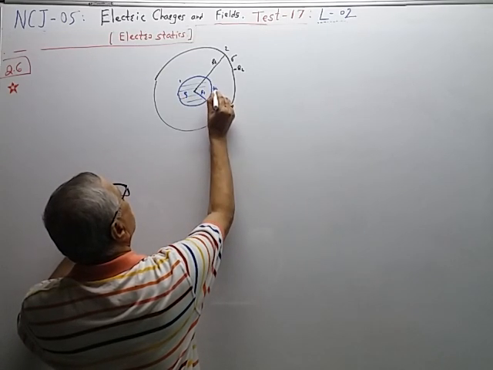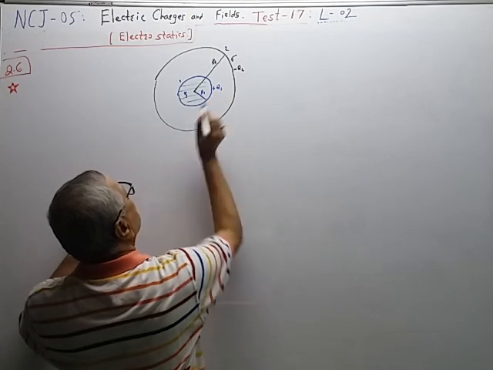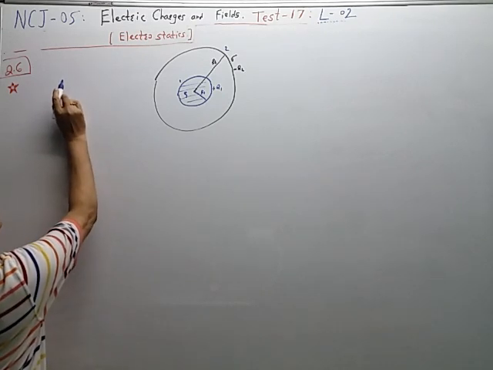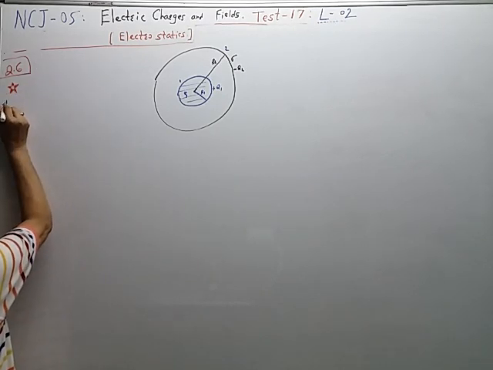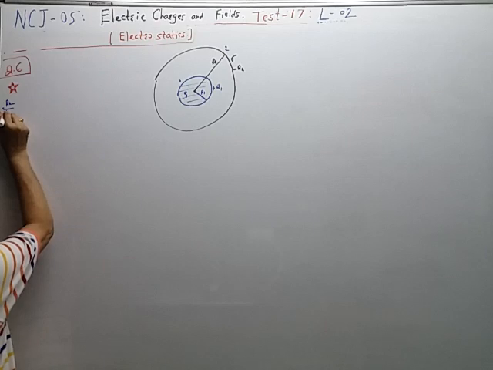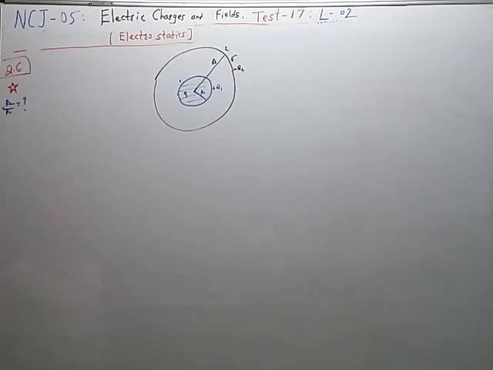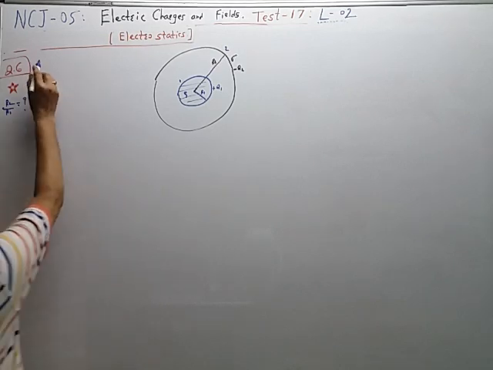This charge is plus q1, and the net charge is 0. So addition of these two charges will be 0, like this. So we have to find r2 upon r1. R2 upon r1 is equal to question mark.